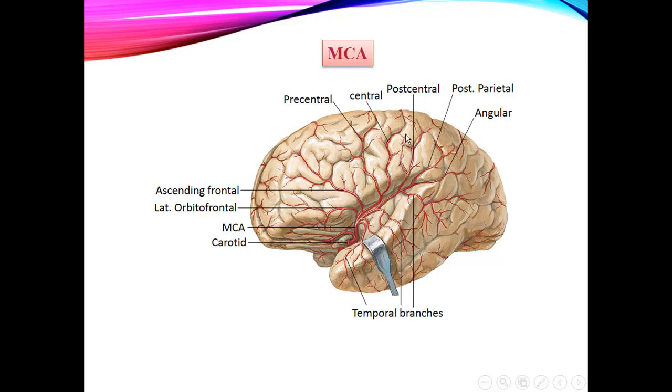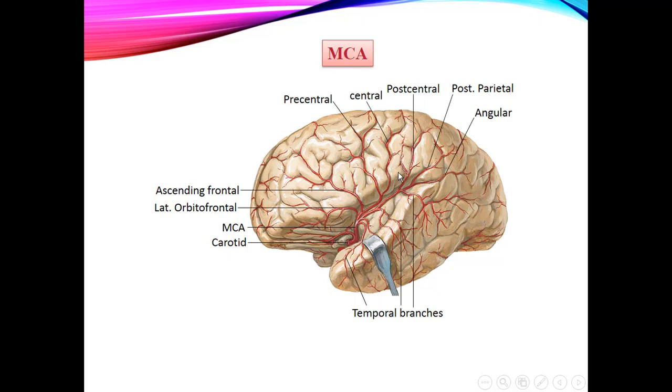And also the postcentral gyrus is damaged, and this gyrus is a part of the primary somatosensory area, and the neurons in the postcentral gyrus are responsible for sensation or sensory information from the upper limb and head and neck.